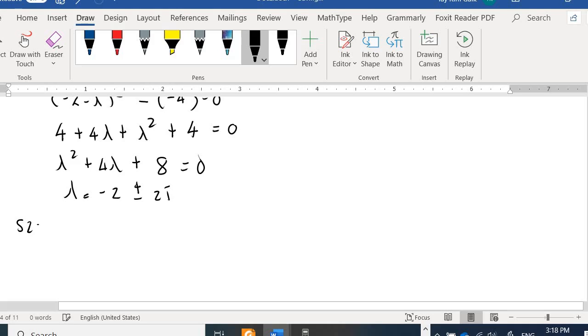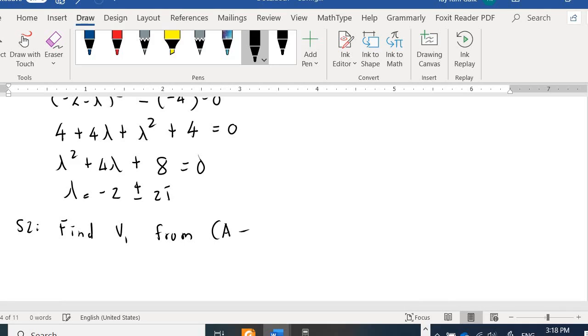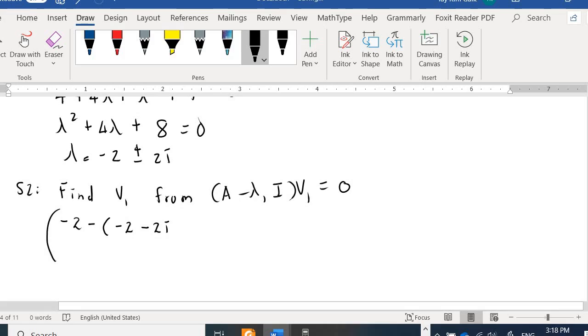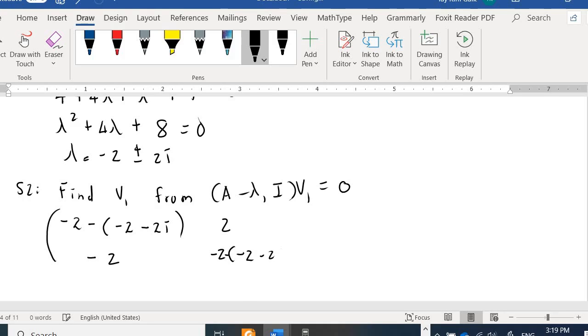Second step, find your V1 from A minus lambda 1 I times V1 equal to 0. A is negative 2, 2, negative 2, negative 2. Lambda 1, let's use negative 2 minus 2i. So on the diagonal you have negative 2 minus negative 2 minus 2i.